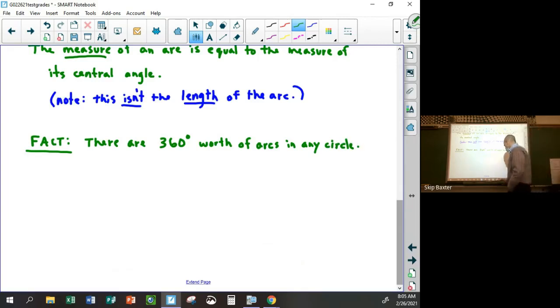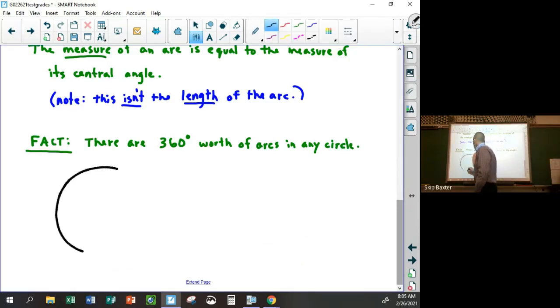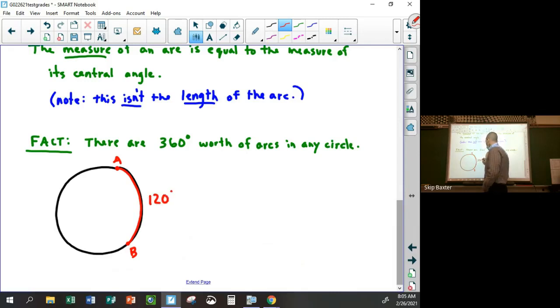Like, for example, if I gave you a circle and I told you that the measure of arc AB is 120 degrees, and you had to find the measure of major arc AB, it would be easy, right?